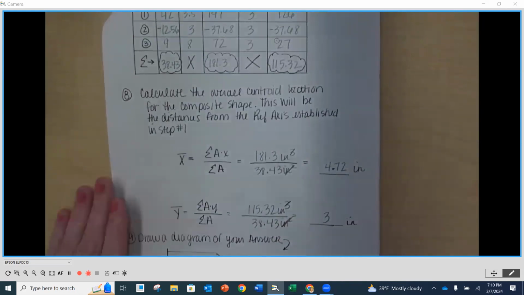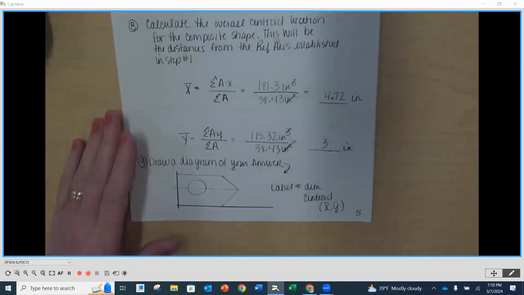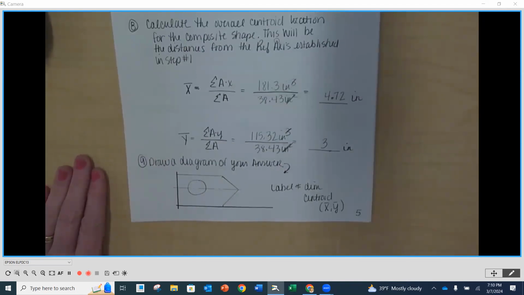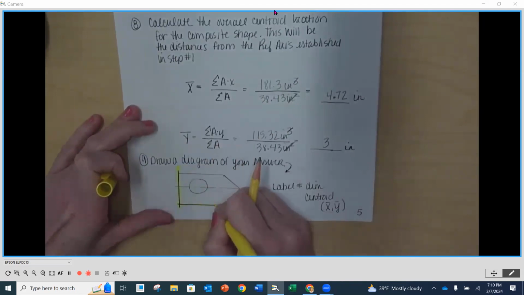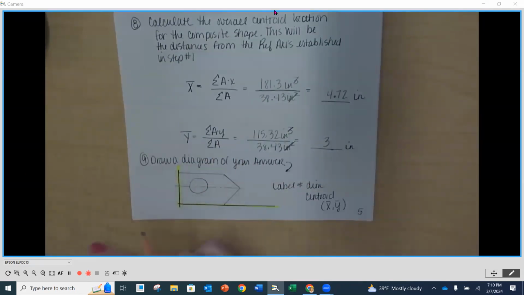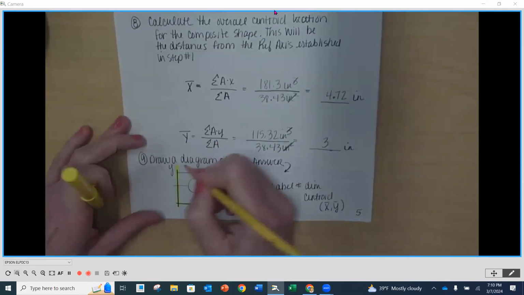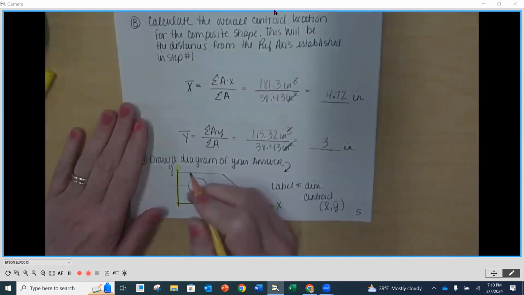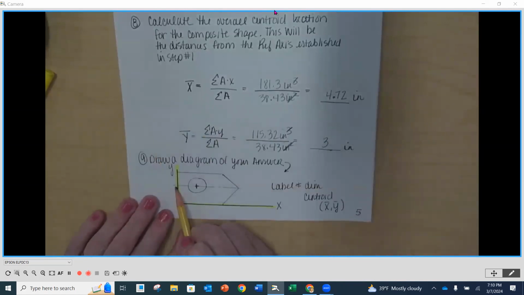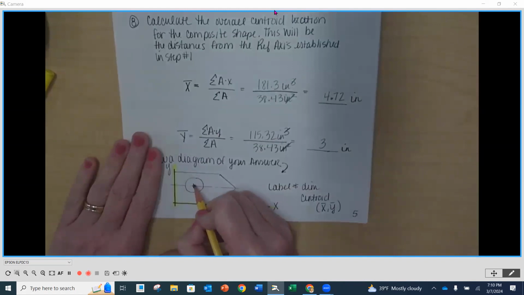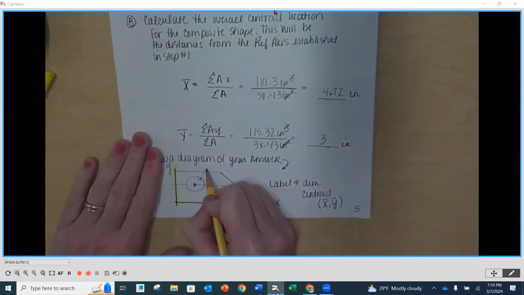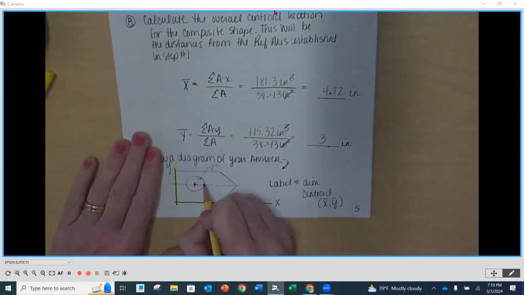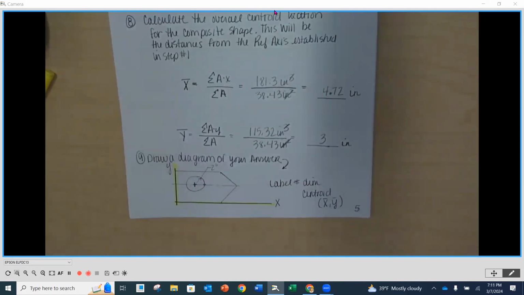So the last step is to draw me a diagram of your answer. We've got our reference axes here, our x and our y. I drew a simplified version. Now, in perspective, we know the center of our hole was at 3 inches over, and we also know that this radius was 2 inches, so to the end here, that would be 5 inches.